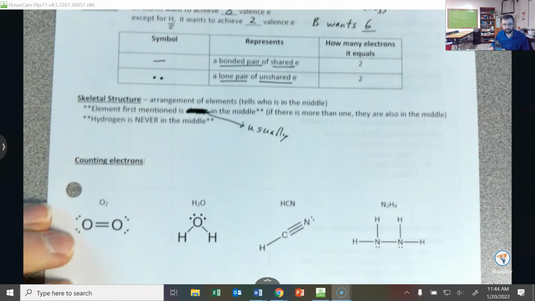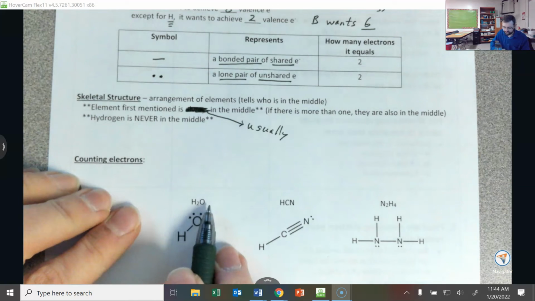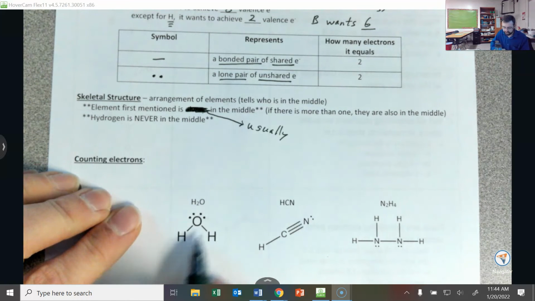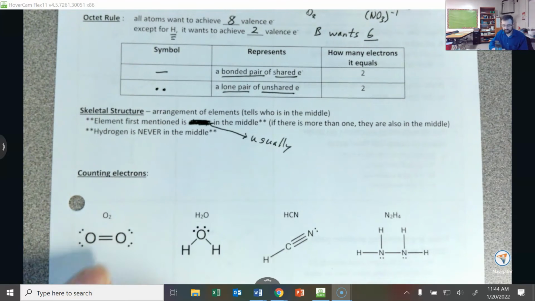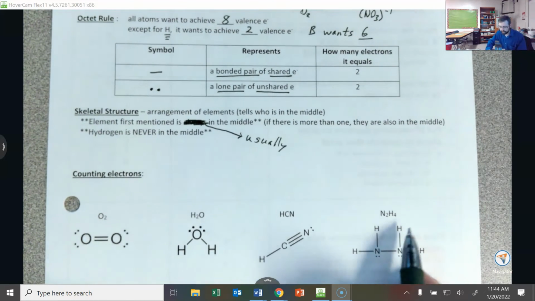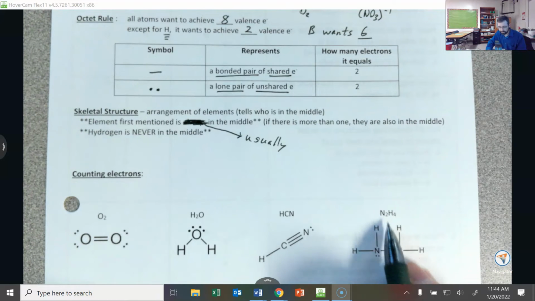So for example, if you look at these down here, H2O, there's 2 hydrogens and there's only 1 oxygen. So the oxygen goes in the middle, the 2 hydrogens are on the outside. I wouldn't have you do something like HCN without some guidance. It's a little tricky. N2H4, I've got 2 nitrogens and 4 hydrogens.